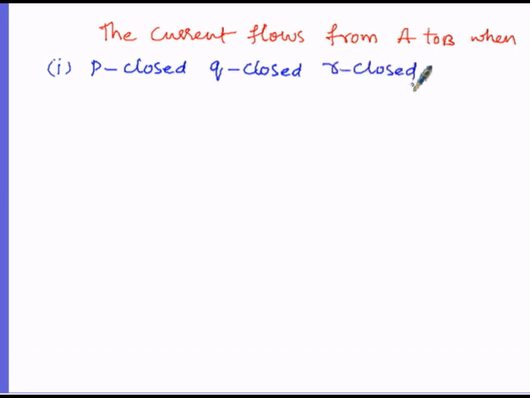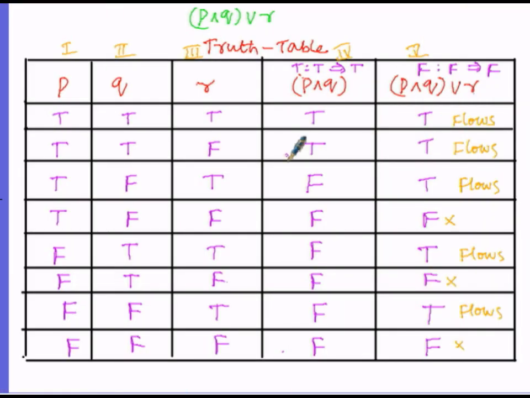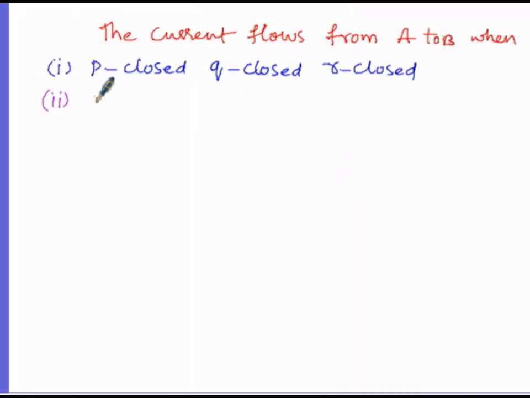Then in the next case, as per the truth table the current flows even in the second case. So in the second case P is closed and Q is closed, and when R is open then only the current flows from A to B. So P must be closed, Q is closed and R is open.